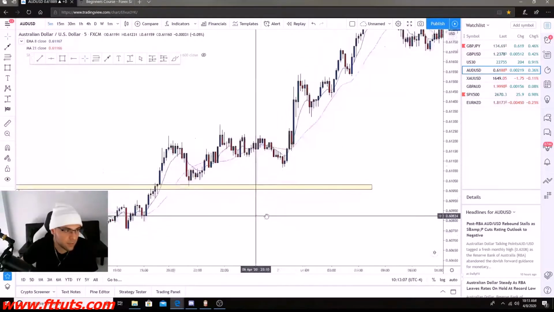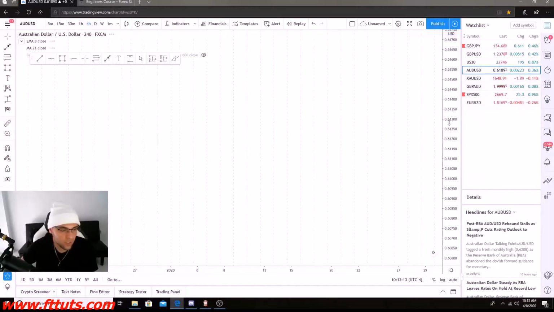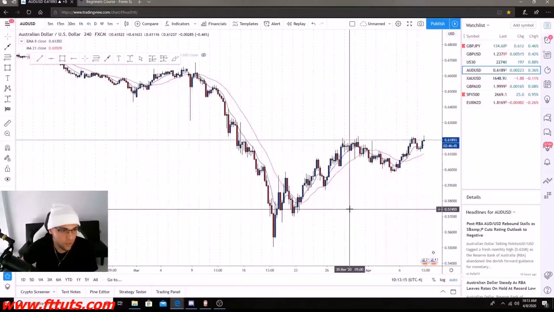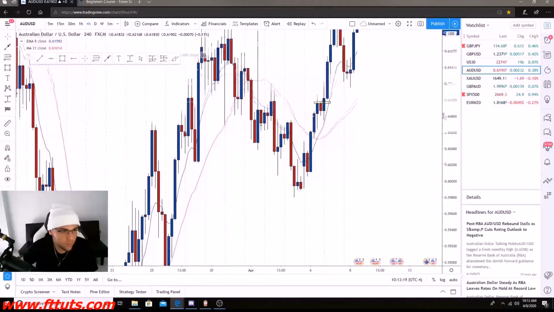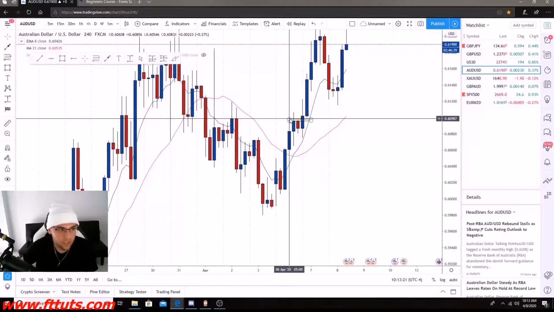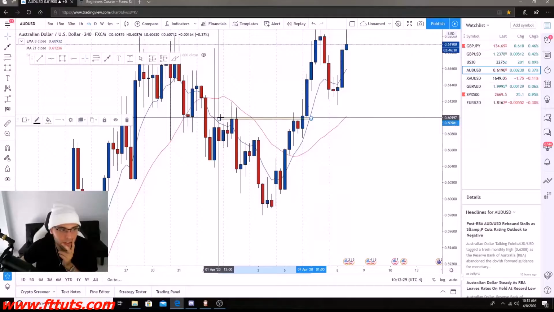As you guys can see here, beautiful long right here. Nice little retest. Let's go to the 4 hour. This is where it starts to get tricky. Boom, look at this. This 4 hour, this resistance right here is also resistance over here.